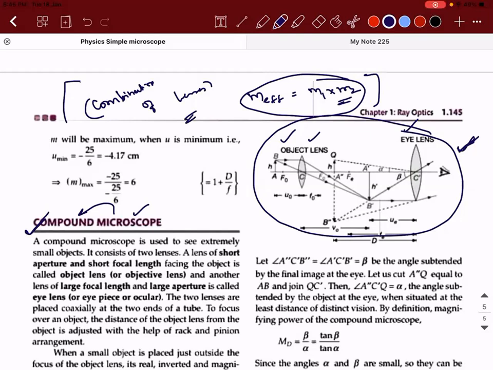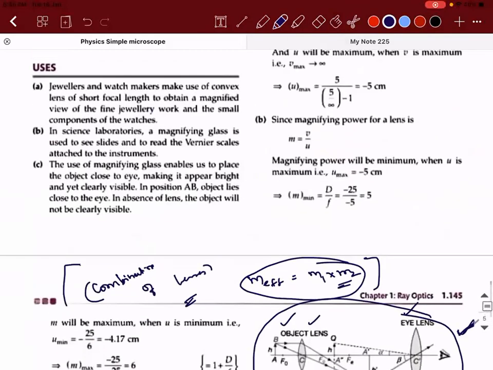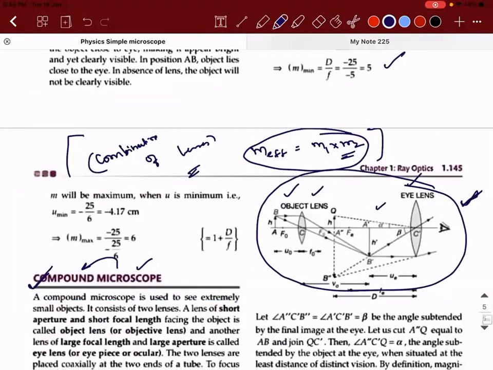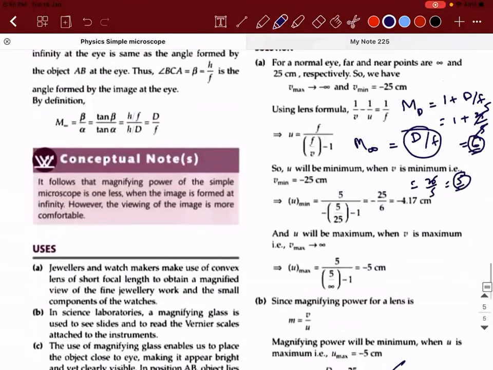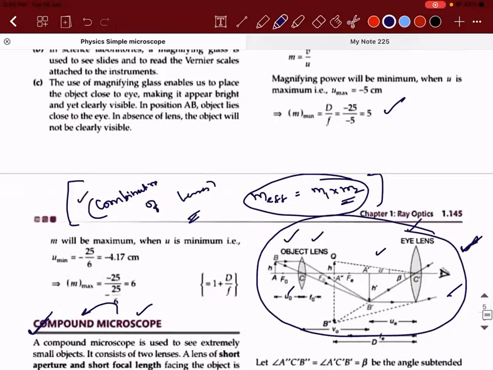It is a very simple concept, but as I mentioned, you need to revise the simple microscope on your own so that you're able to do problems without seeing. Only then you will understand this diagram. Look how complicated it is. And secondly, revisit the concept of combination of lenses as well. Is that clear, guys?